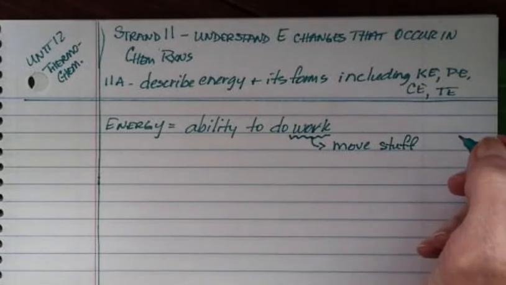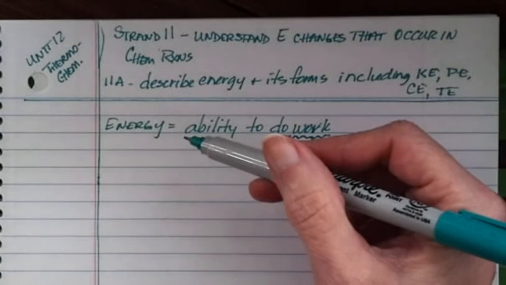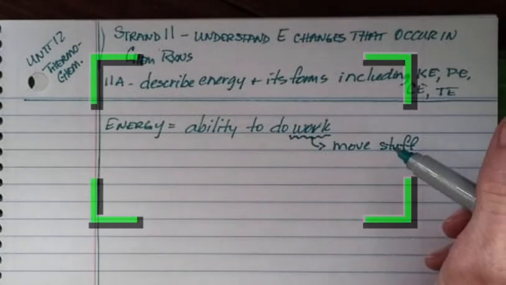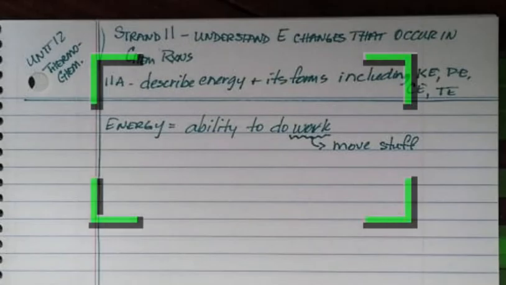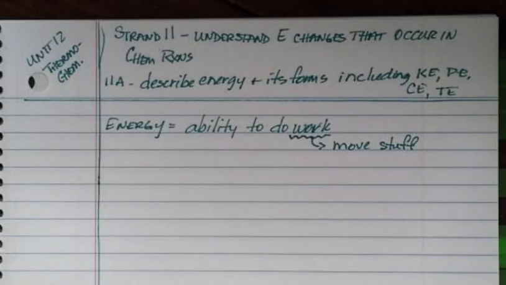So if you blink your eyelids, you've moved your eyelids across a distance, technically that's work. So energy means that you have the ability to do this. You've got some form of energy that you can save or keep or use immediately to move something in some form or another.